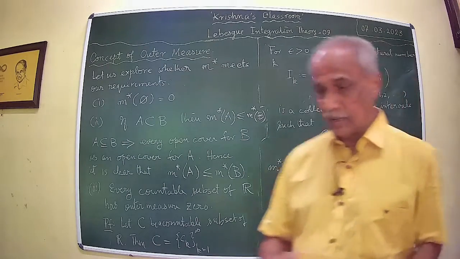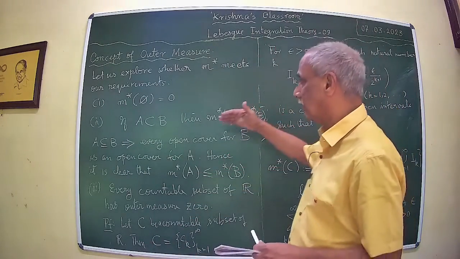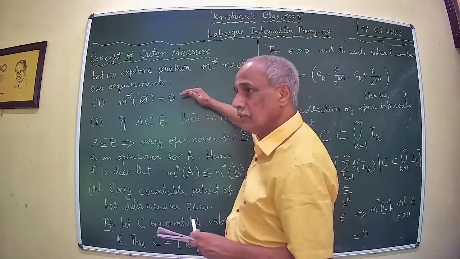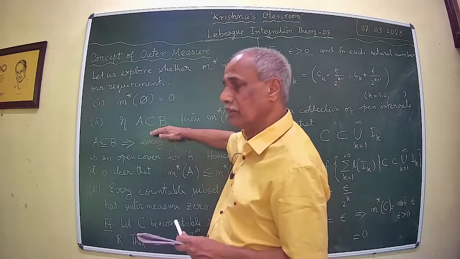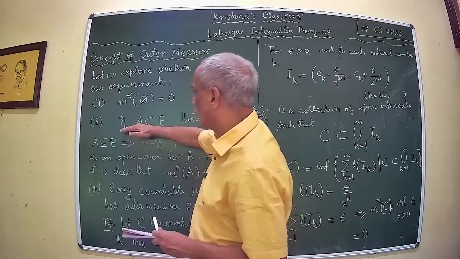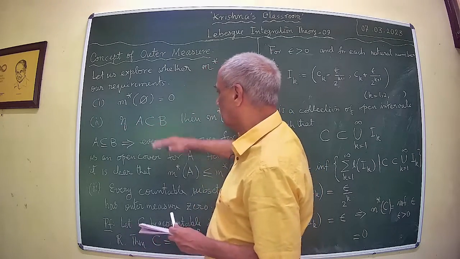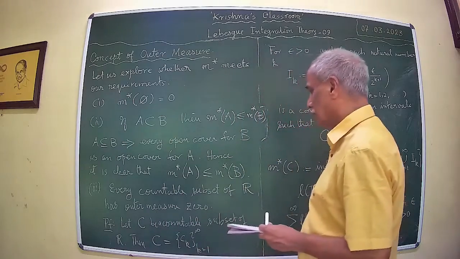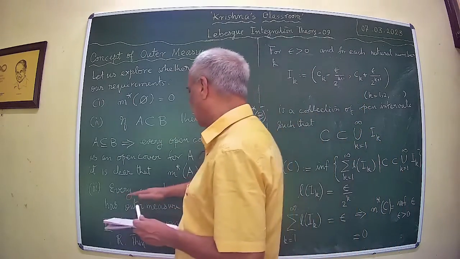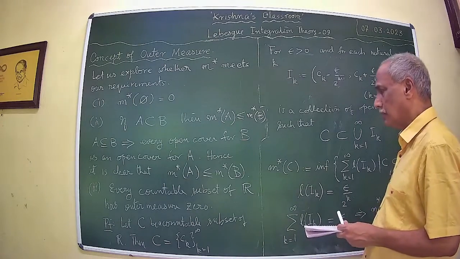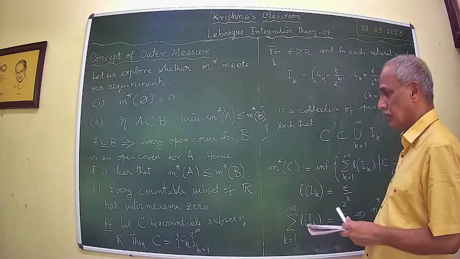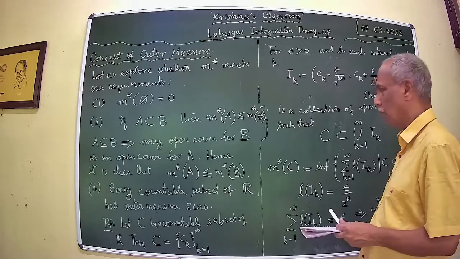Now what we see, these are the properties that the empty set should have outer measure 0. If A is contained in B, then m star of A is less than or equal to m star of B. The third desirable property is that a countable subset has outer measure 0.